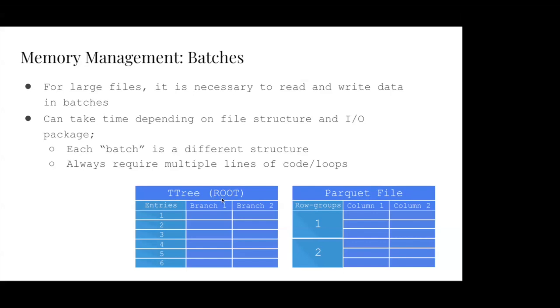For example, root files have entries, whereas Parquet files have row groups, but these don't mean the same things. And normally you might have to think about how to deal with this. So yeah, that's included in each function call without users having to write a for loop or anything.